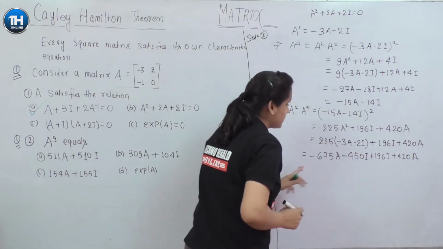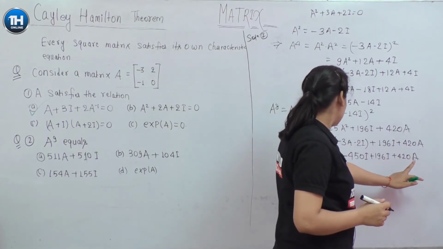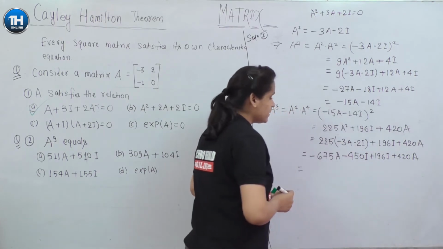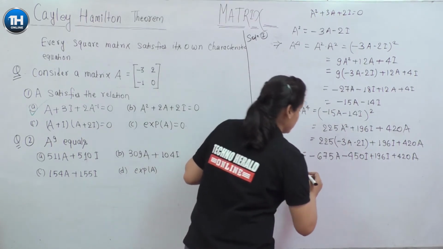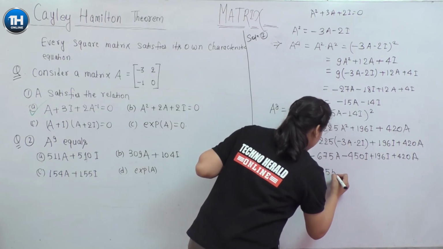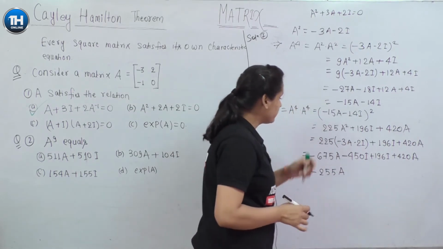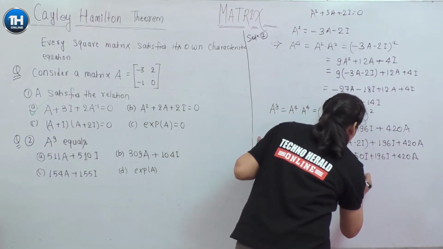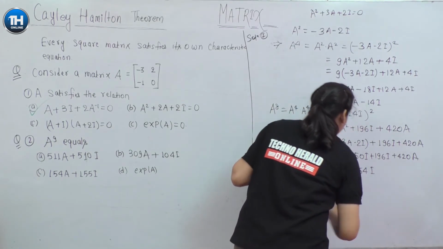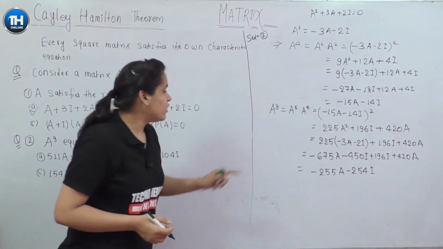This is minus 675 and plus 420. This will give you minus 255A, and this will give you 250 plus 4, minus 254I. Okay, so we calculated the value of A to the power 8.